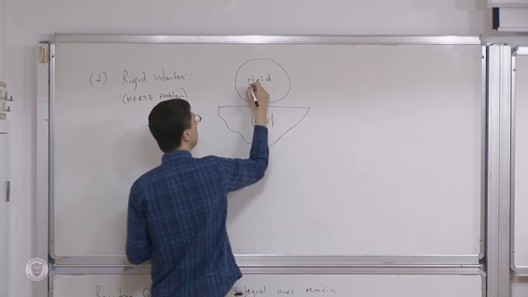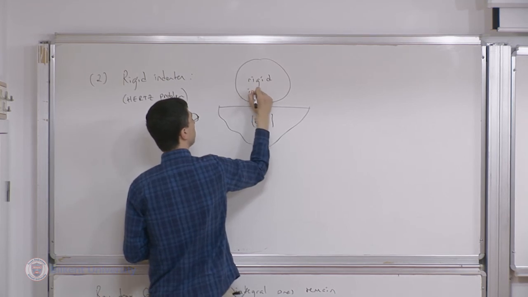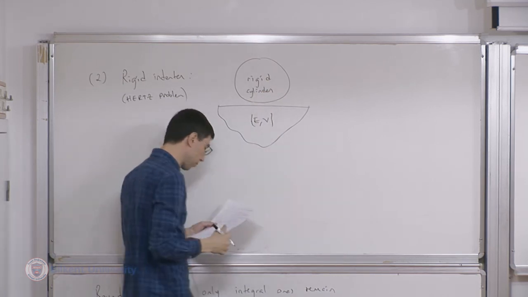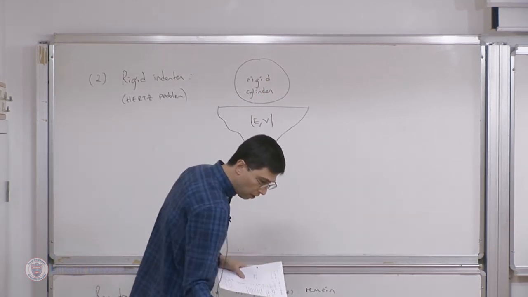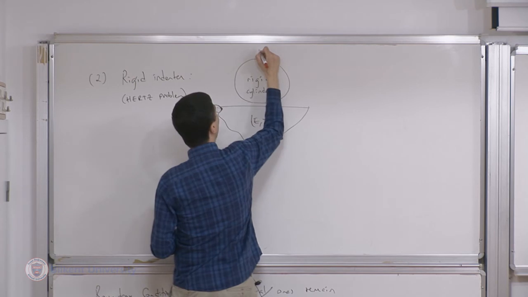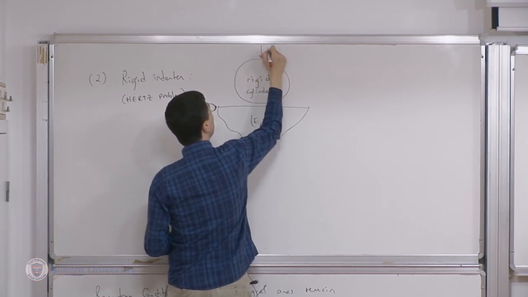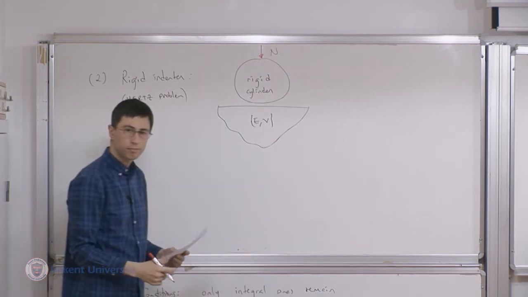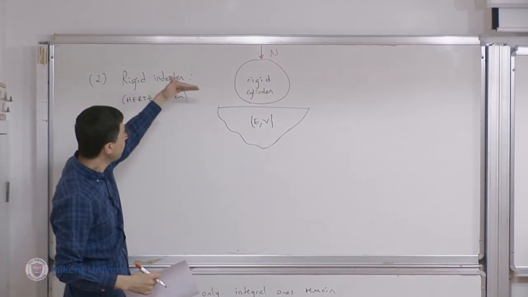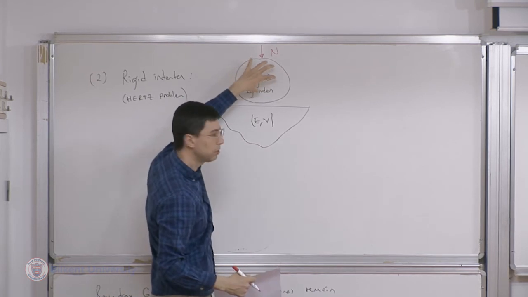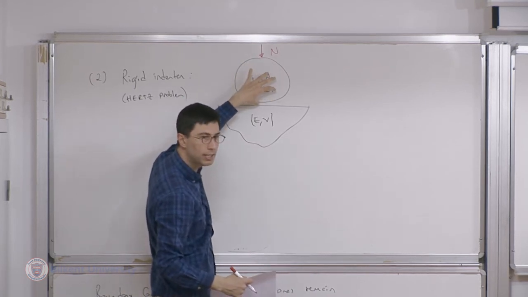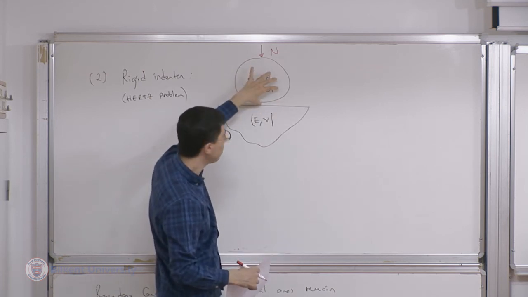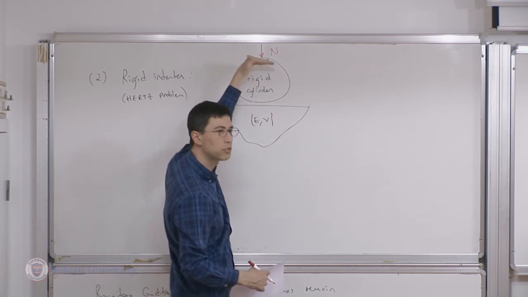It's going to indent the surface. We're going to apply a force. I'm going to first take this rigid cylinder and make it slightly contact the surface. Let's say its weight is negligible, so it just rests on the surface. And now I apply a force gradually.